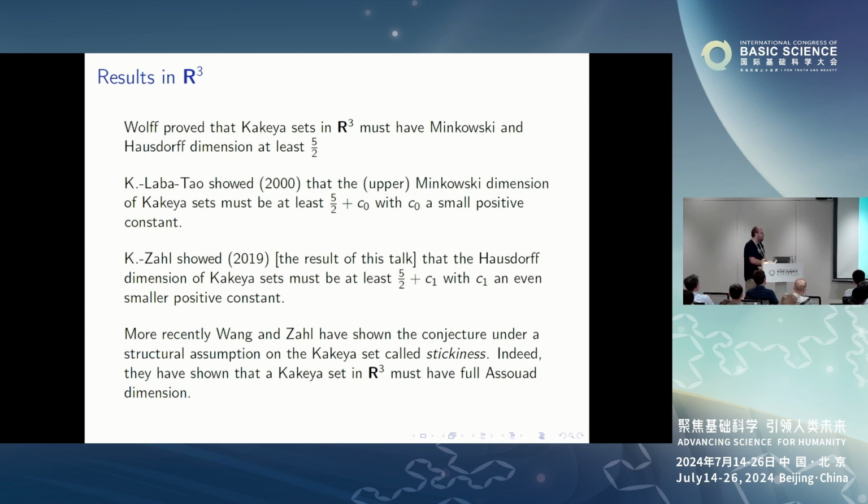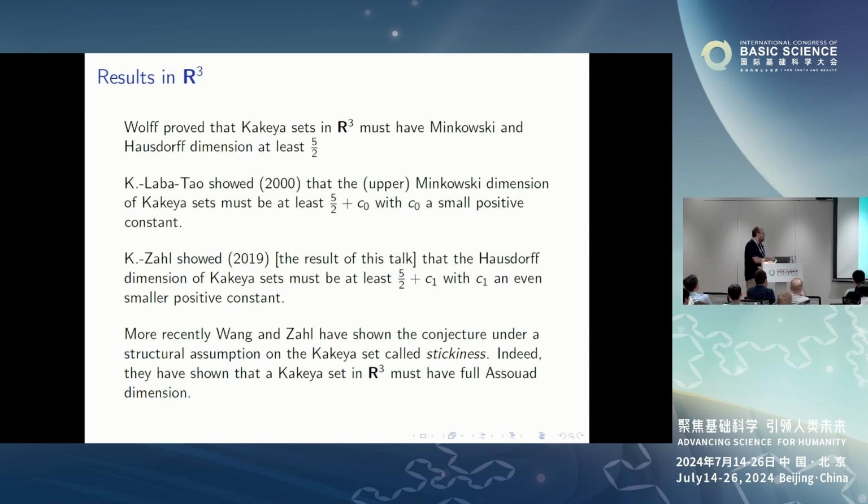Basically, it means that there is some pair of scales so that when you thicken at the smaller scale, you have to come close to filling up a ball at the larger scale. But that's a much weaker result than solving the full conjecture.